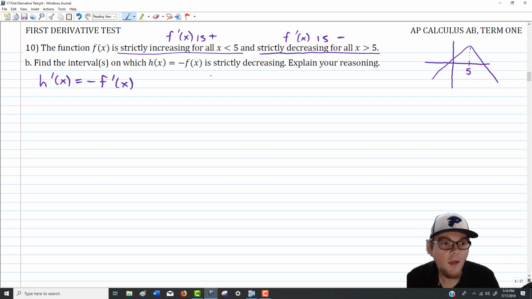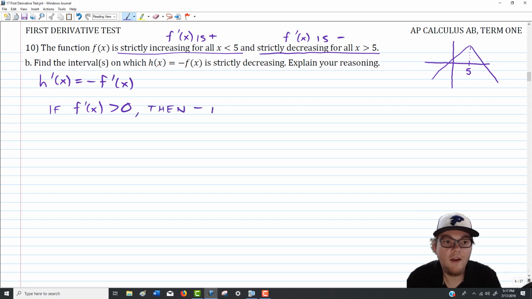So with that in mind, we now have to think about what's happening. If we're taking that derivative from before and multiplying it by a negative, then f prime being positive, so here we'll do it this way. If f prime of x is greater than 0, in other words positive, then negative f prime of x is negative. Excuse me. That makes sense, right?